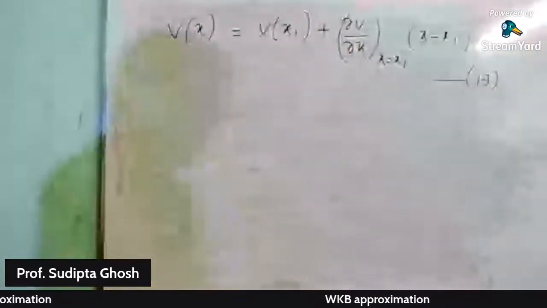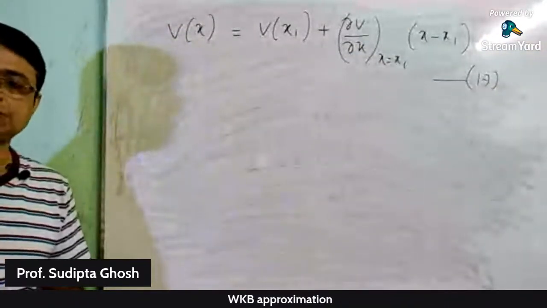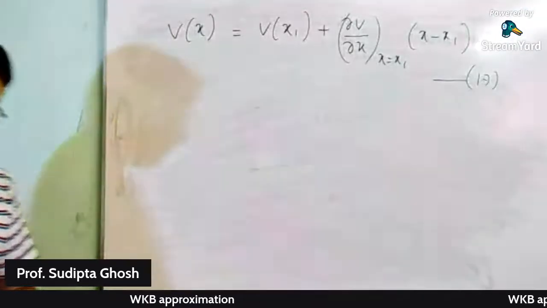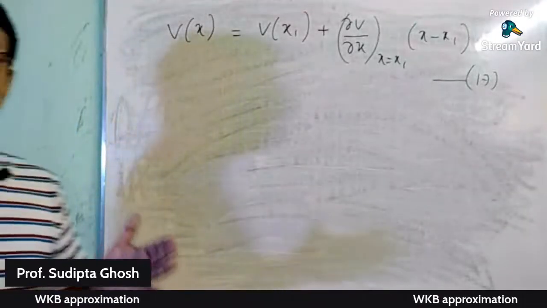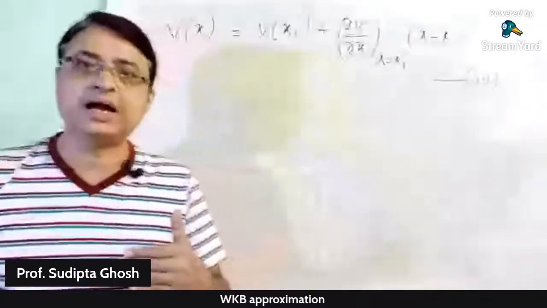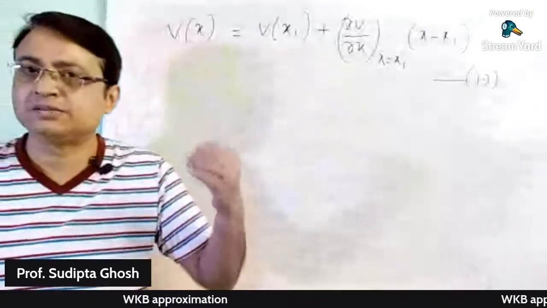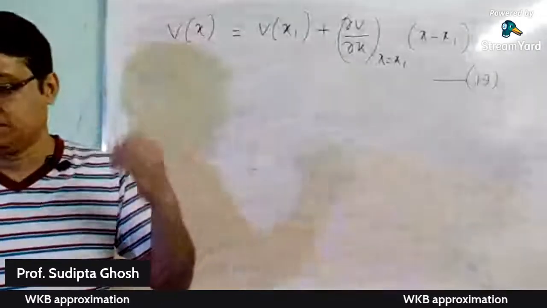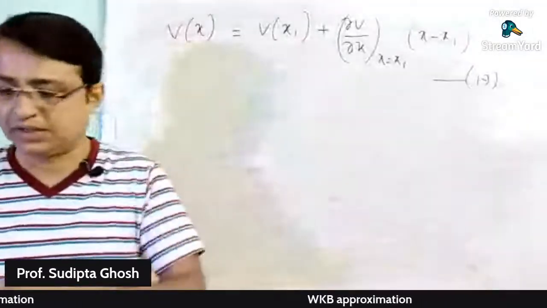Now this assumption amounts to approximating the potential by a straight line, because I have assumed that the potential is a smoothly varying function.